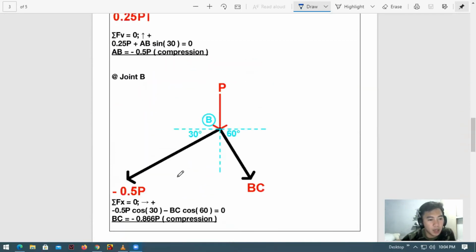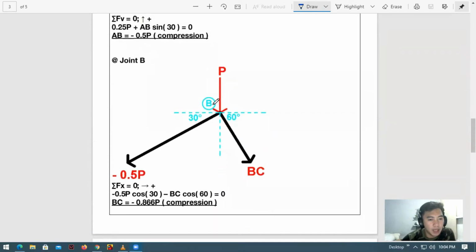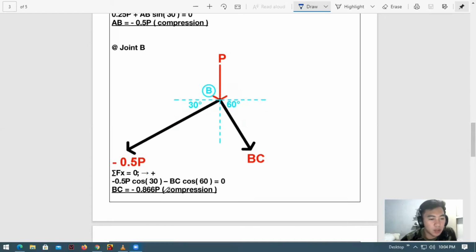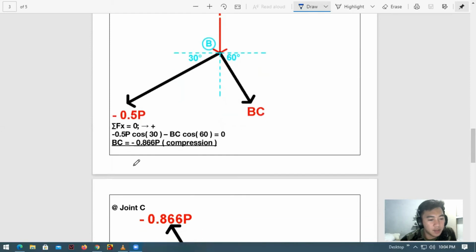Next is joint B. Remember, we have assumed that the fictitious force is downward. According to this joint, we can solve for the value of BC by summation of forces along X, and BC is equal to negative 0.866 P, which is compression since it is negative.